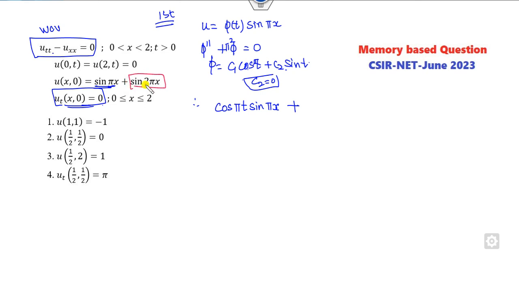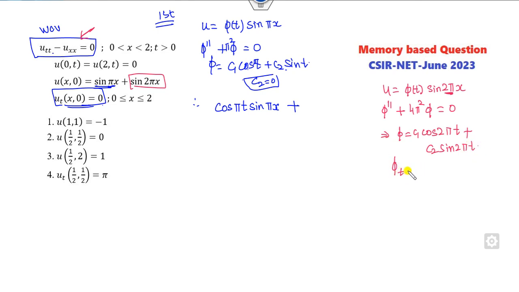Now there is a second term here. You can take u as phi of t times sine of 2 pi x. I can substitute here. This is phi double dash plus 4 pi square phi, whatever is here, a square of this. So it is c1 cos 2 pi t plus c2 sine 2 pi t.